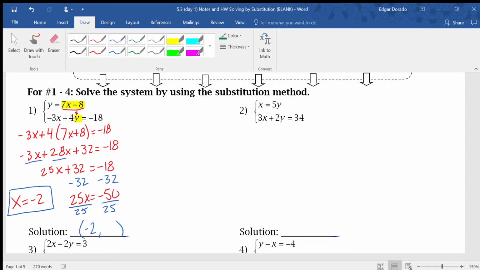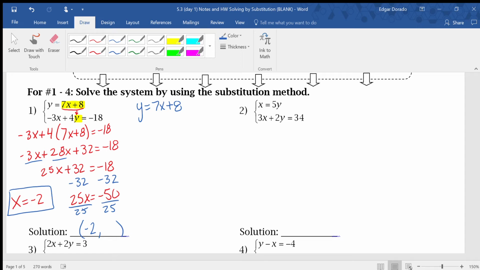So in order to find what my y is, we're going to have to use one of the original equations to substitute that x back into. Well, I'm actually going to go ahead and use that first equation. It's that y equals 7x plus 8. I'm going to use that equation, the first one.